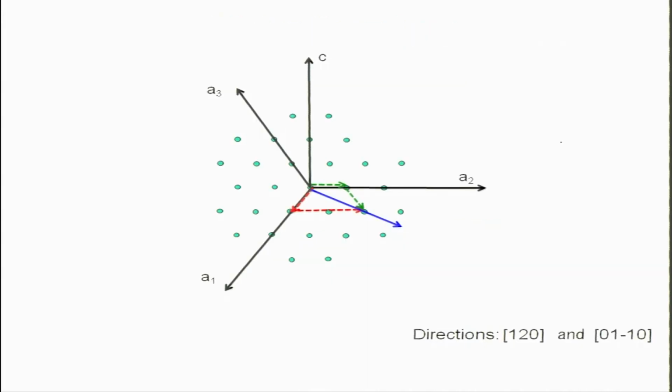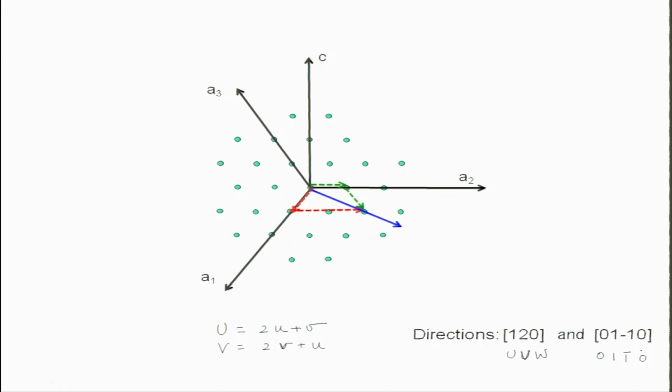So 1 2 0 can be converted into 0 1 bar 1 0, because you know that capital U is equal to 2u plus v, capital V is equal to 2v plus u. So since these are capital U, capital V and capital W, you can determine small u, small v, small w, which will come out to be 0 1 bar 1 0.